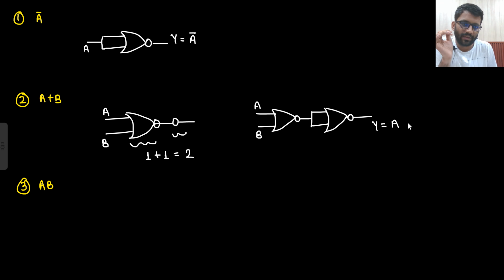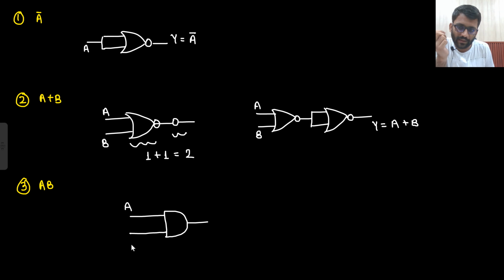Y is equal to A plus B. Now Y is equal to AB. Y is equal to A into B. So what I will do? This is A, this is B. Y is equal to AB. But what you need? You need NOR gate. So for NOR gate, here you need to introduce a bubble and another bubble you need to introduce, because what is your NOR gate?